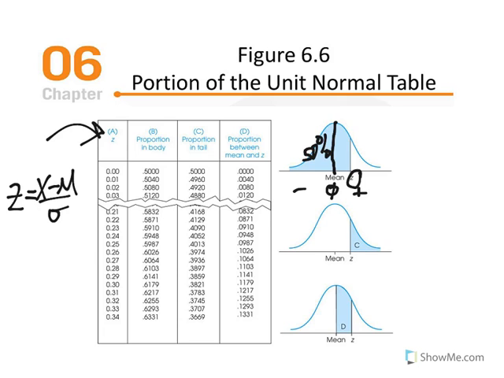Notice that I often say the area, and I'm using that synonymously with the word proportion, so I use them interchangeably, so I don't want you to get confused. So this area here is referred to as column D.